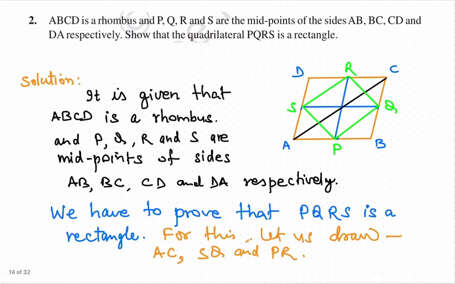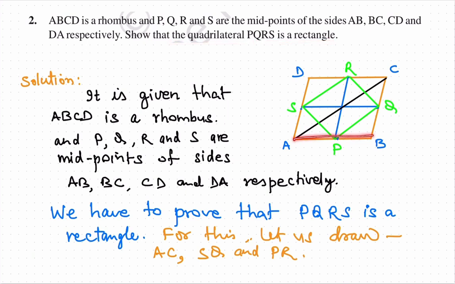Now the next problem, question number 2. ABCD is a rhombus and P, Q, R and S are the midpoints of the sides AB, BC, CD and DA respectively. Show that the quadrilateral PQRS is a rectangle.